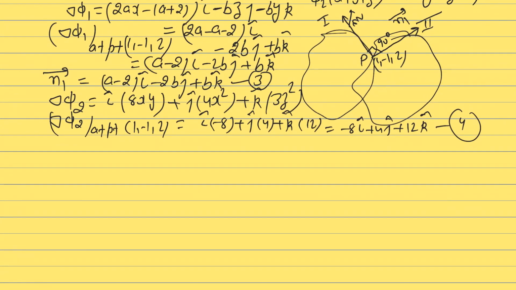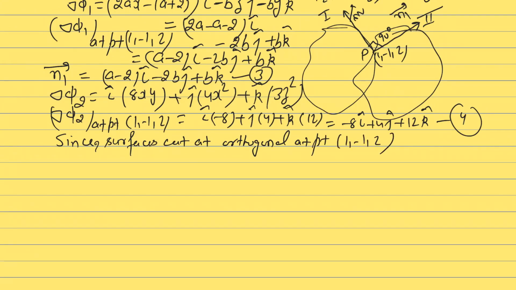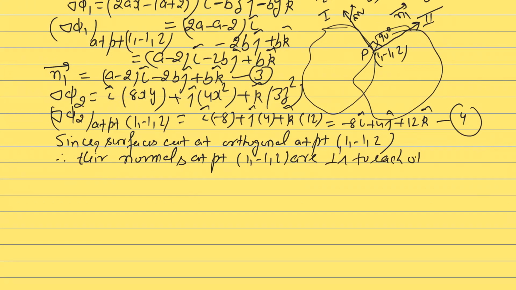Now we see, since the surfaces cut orthogonally at the point 1, minus 1, 2, their normals at that point are perpendicular to each other, because we know that the angle between the surfaces is equal to the angle between their normals.